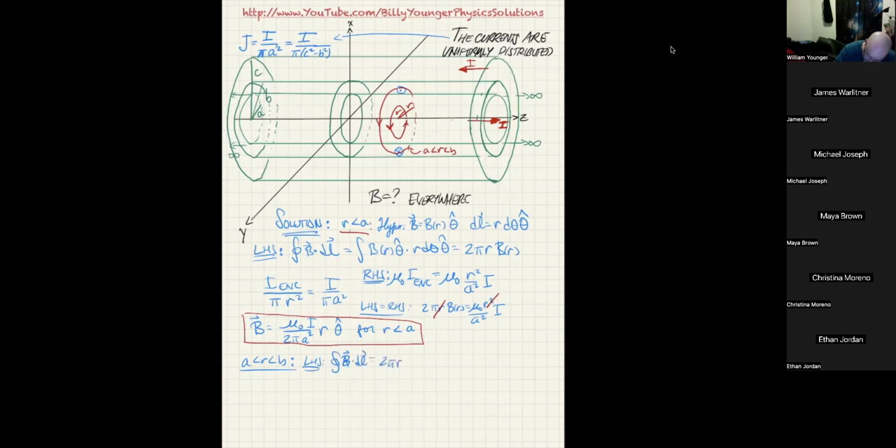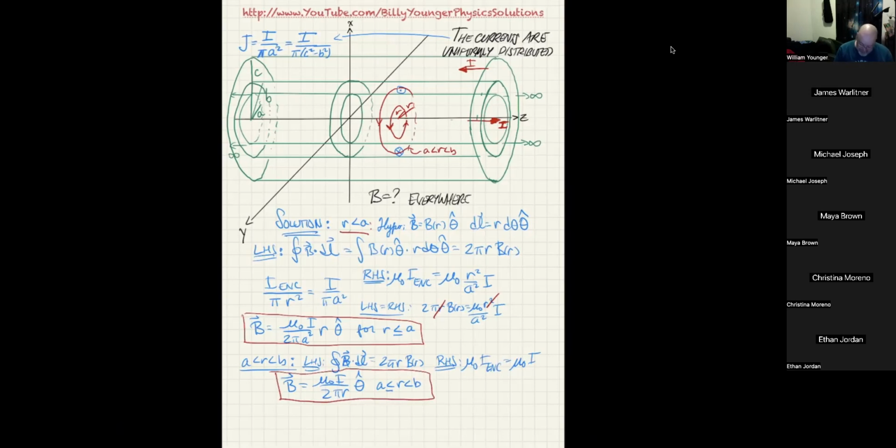It's just 2 pi R B of R. And I'm going to say right-hand side, mu 0 I enclosed is just mu 0 I. So I finally get that B is equal to mu 0 I over 2 pi R theta hat, and that is for A less than R less than B. And I think you can see if you actually plug in A equal to R, it's now okay to put it equals to in that symbol as well, because it is in fact continuous.